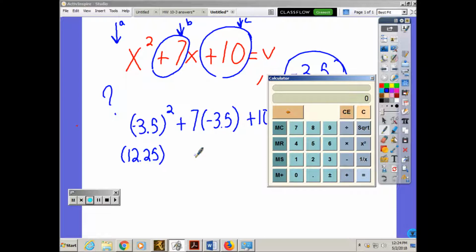So I know that when I multiply them together, I'm going to get a negative. That way I can just put in my calculator 7 times 3.5, and I get 24.5. Now I have to do all of this: 12.25 minus 24.5 plus 10.